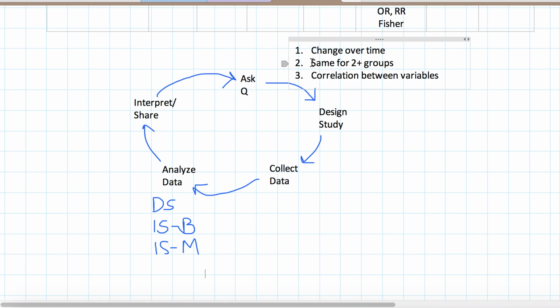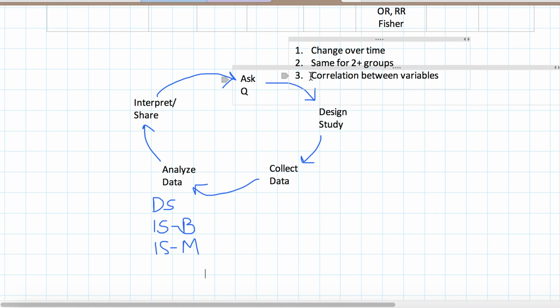The other kind of question that we can answer is, is a variable the same for two or more groups? We can look at two groups, compare them to each other, or we can have three or more. And so this is another common question that we would want to be answering.